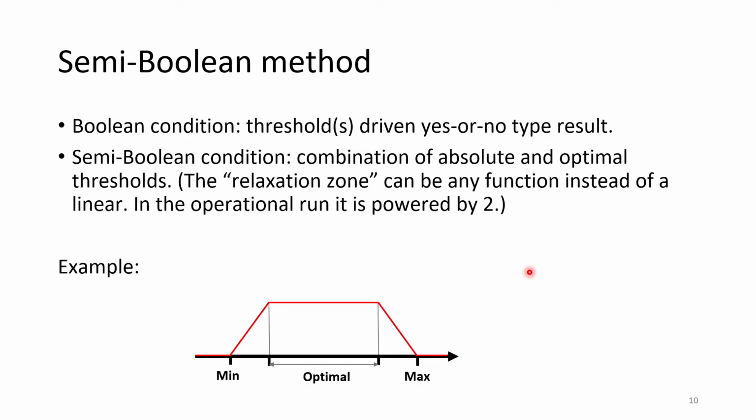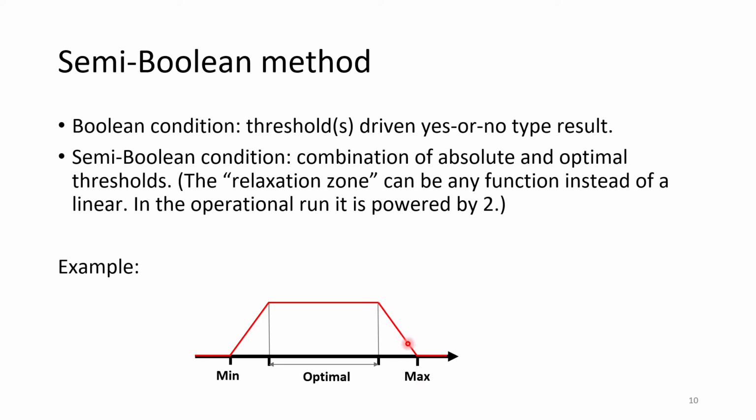The best way to do this is to go to a little bit higher method. So basically, we get a semi-Boolean method where we're not taking a yes or no type result. We take the combination of the previous two and we keep the optimum range of temperature and we reuse the absolute minimum and maximum.